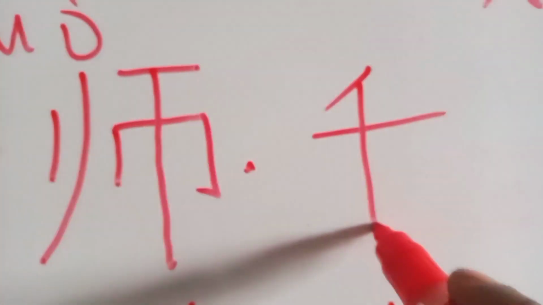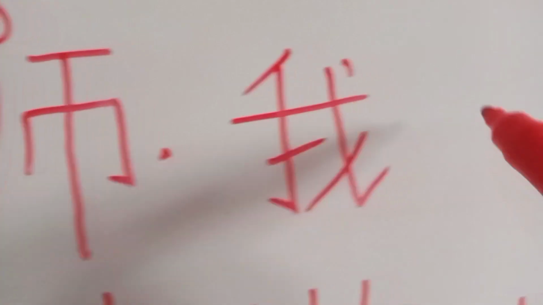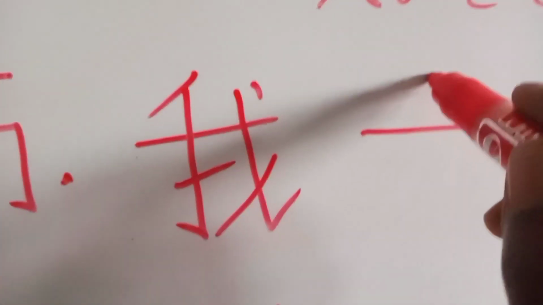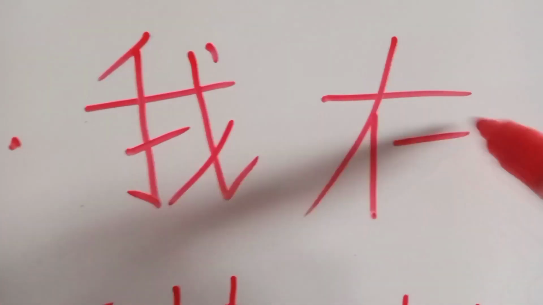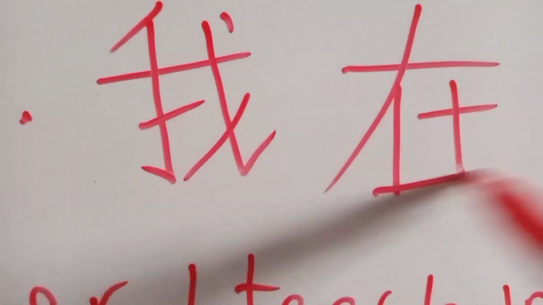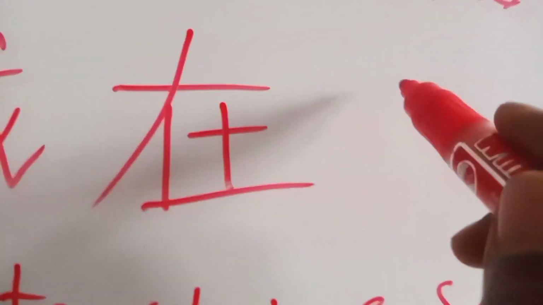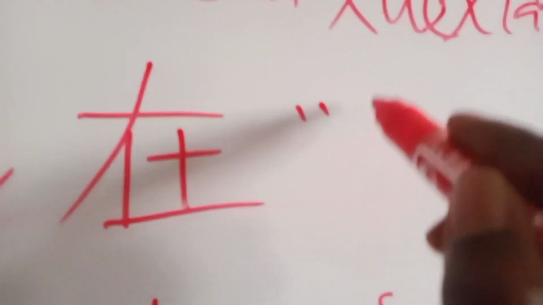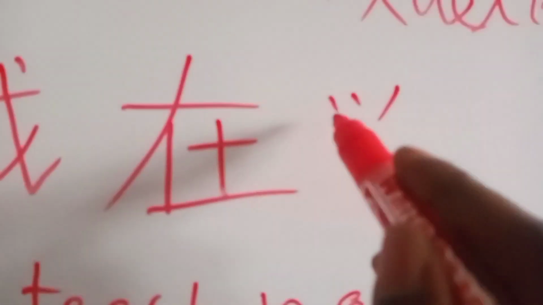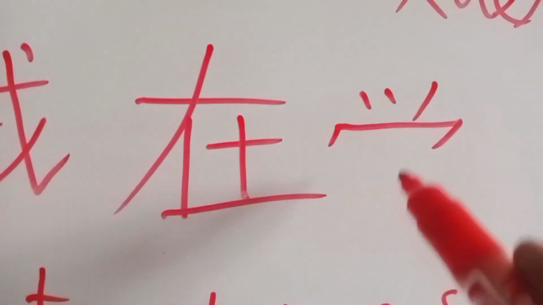我 again. 我在, we wrote 在 before. 我在学校. Let's write 学校. 学 is like this. Dot, dot, and this mark. Then you do like this. This hook.